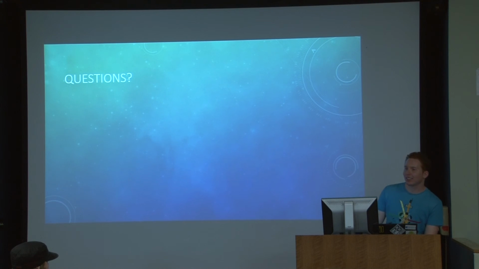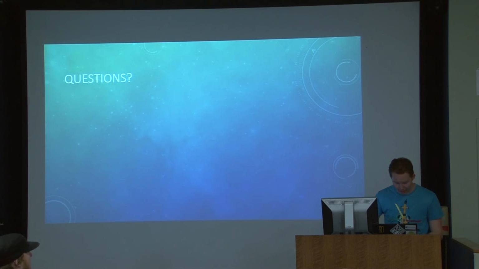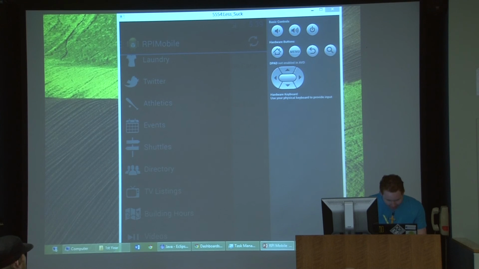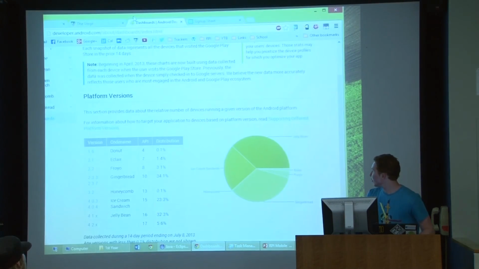Have you tested it on like 3 or 4 year old molasses speed Android phones? I tested it on the emulator down to Android 2.1, which is the farthest that I support. If you look at the pie graph, that's most of it.